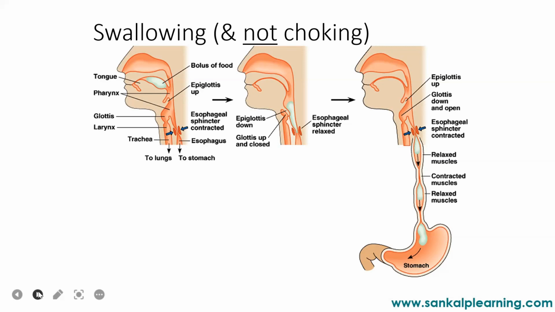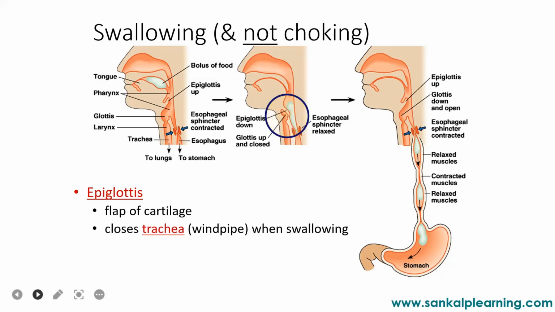This is regarding the closing and opening of the epiglottis. If it closes, then the food will go inside the food pipe normally. What is the epiglottis? A flap of cartilage that closes the trachea or windpipe when swallowing.